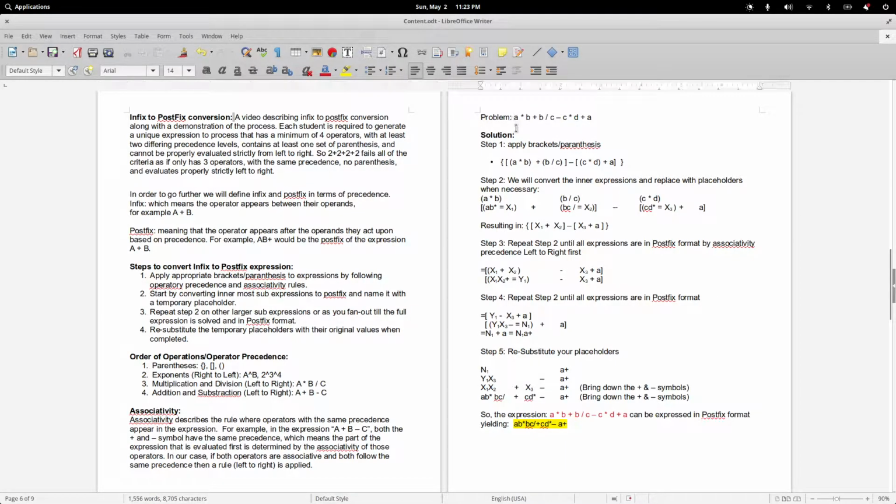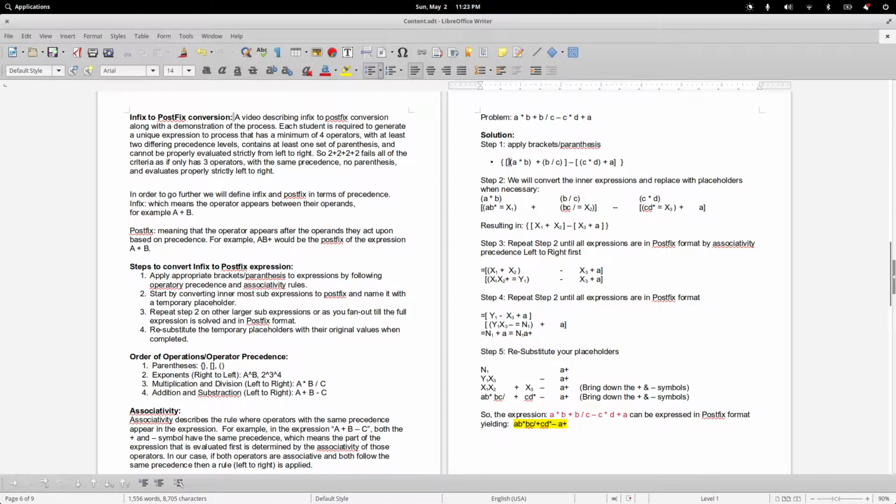So for me, my expression is A times B plus B divided by C minus C times D plus A. In terms of operator precedence, I must complete the multiplication and division first.